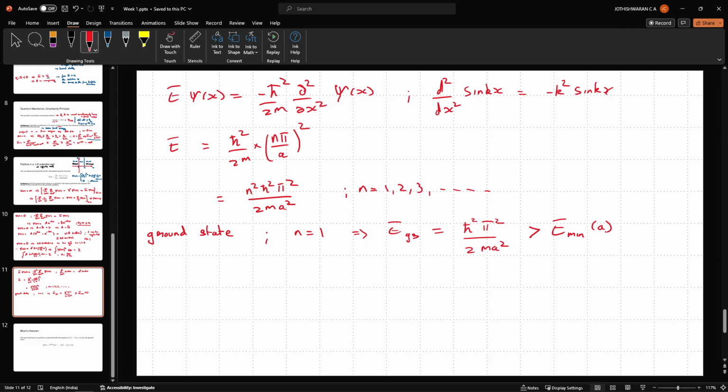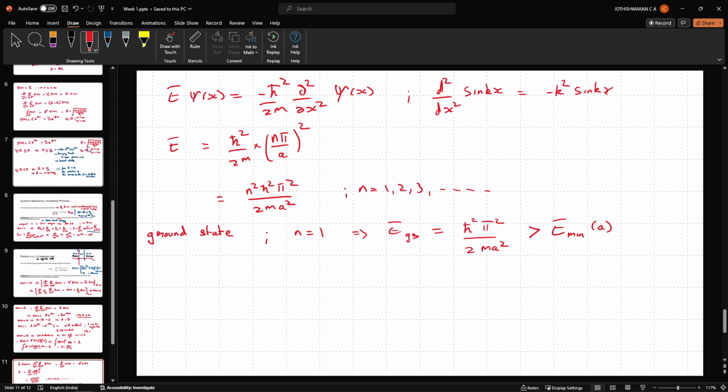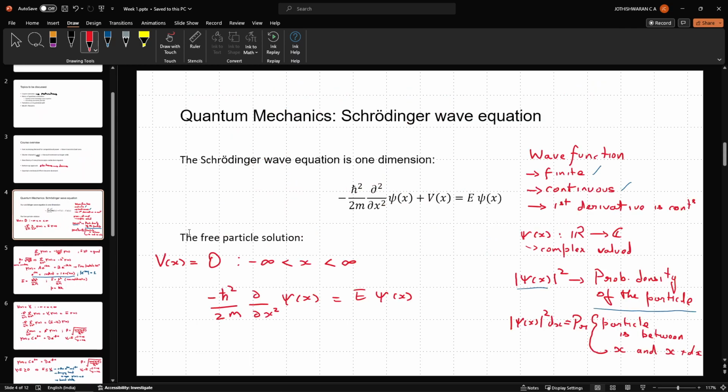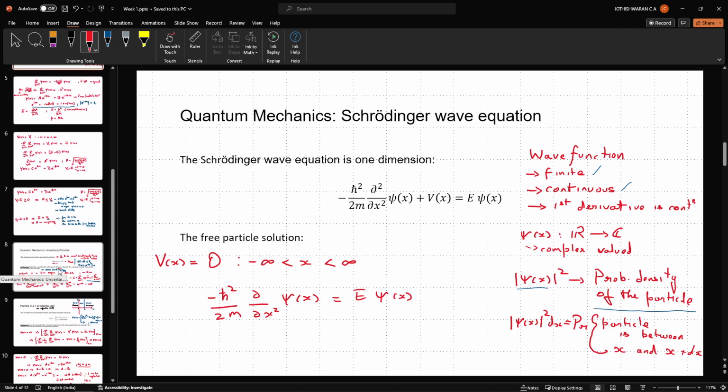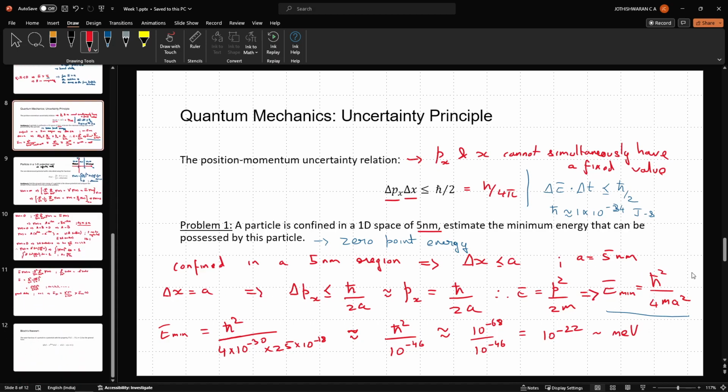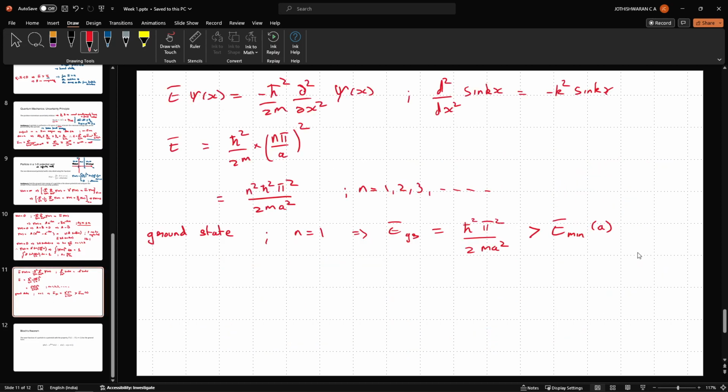So the derivation that we did using the Schrödinger wave equation is in agreement with the estimate that we made using the Heisenberg uncertainty principle. It is an agreement. Essentially, this is the lowest possible energy, which was to the order of milli electron volts. But of course, in this case, we see that it is around 10 times more than that, which is kind of what happens.